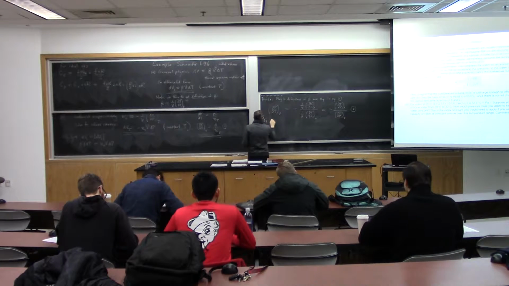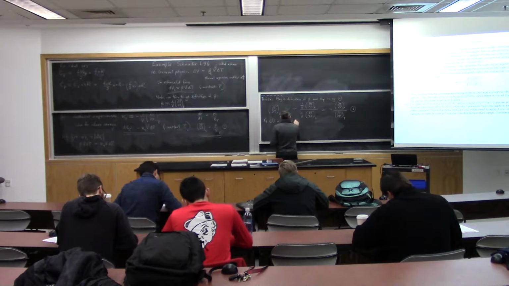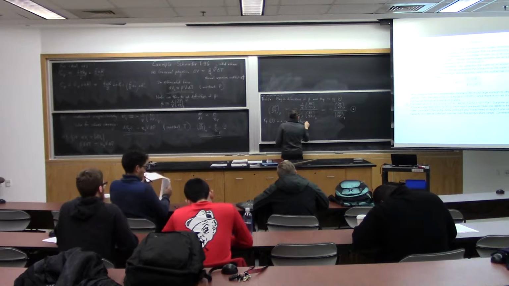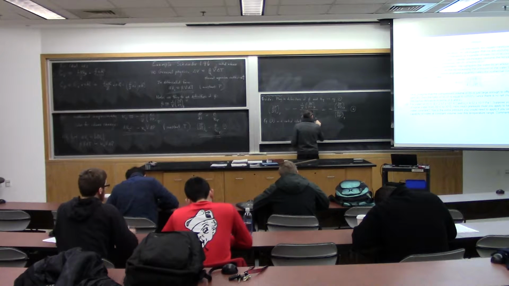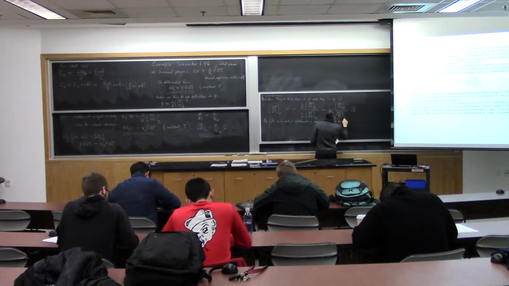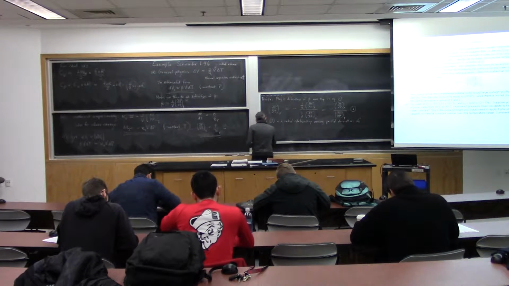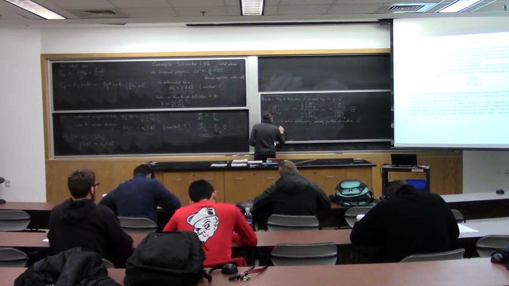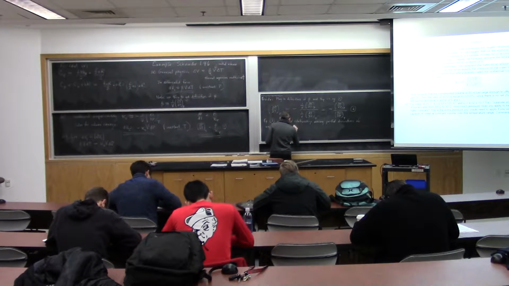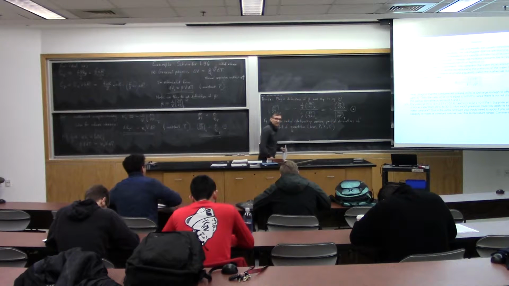So what I'm claiming is that equation 2 is a valid relationship among partial derivatives of any triplet of quantities, in this case, the triplet of quantities are pressure, volume, and temperature.